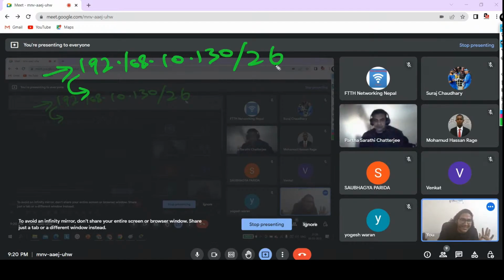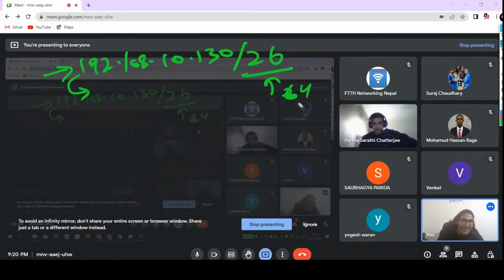This is the actual process. But the trick is you just need to find the block size. If the CIDR value is /26, the block size is 64.